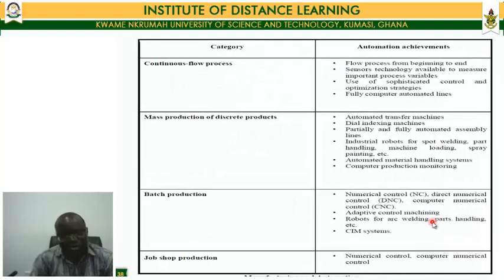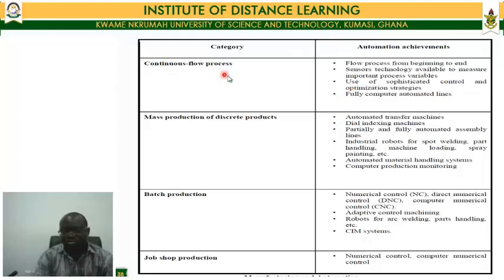Okay, so now, when you look at these categories of manufacturing, continuous flow, mass production, batch production, and also job shop production, you can look at the degree of automation, that is the automation achievement in these categories of manufacturing.